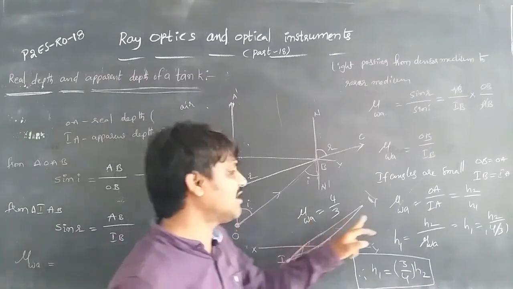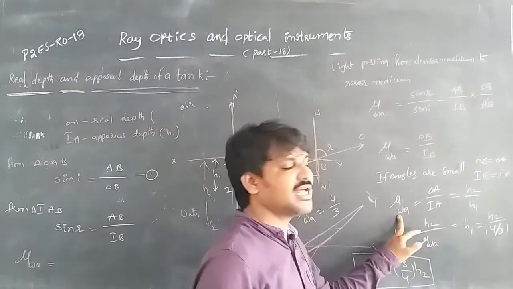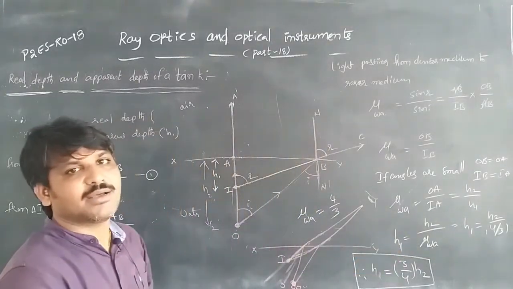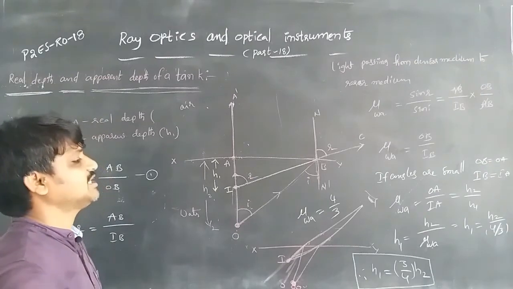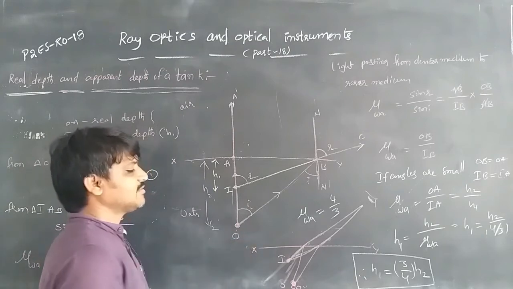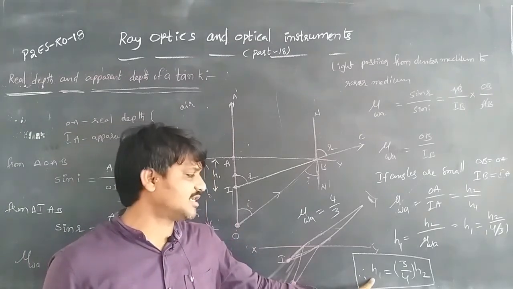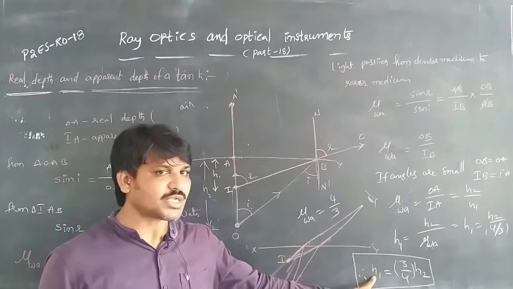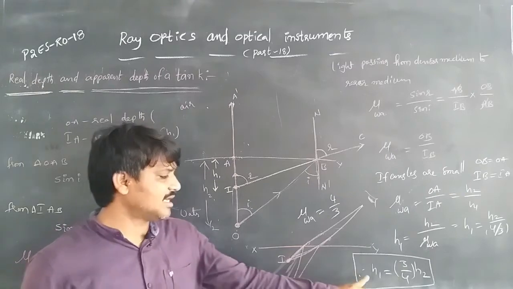To find the refractive index, we can use the formula H2 by H1 to get the refractive index of water with respect to air. Strictly, the apparent depth and real depth can be measured only for normal incidence.